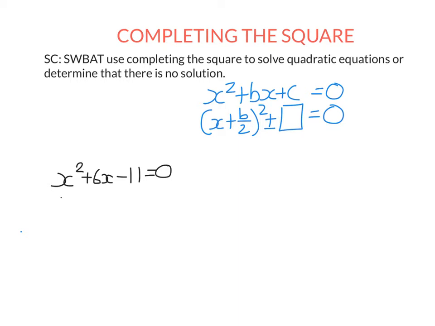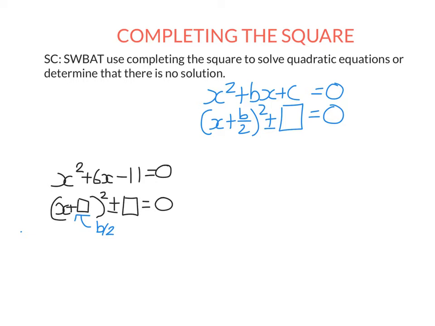So what I want to do is write this as x plus some number all squared plus or minus some other number equals 0. So what number goes in here is b over 2. Always b over 2. So in this example, b was 6.